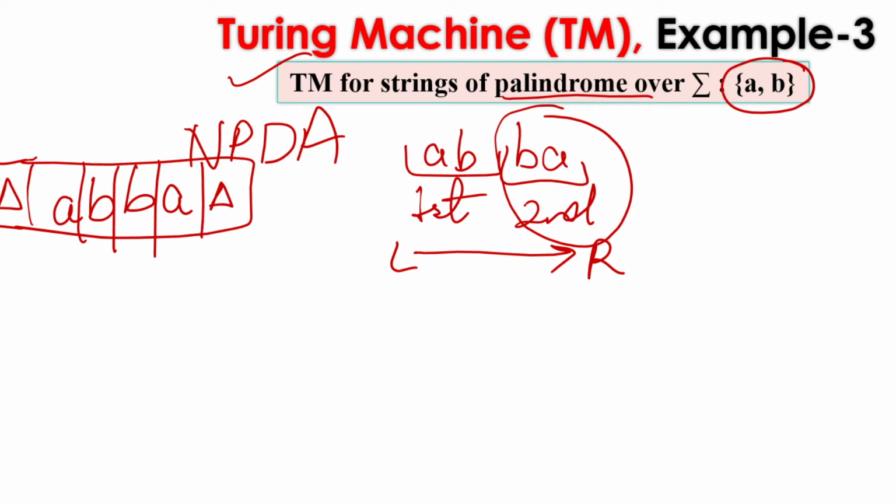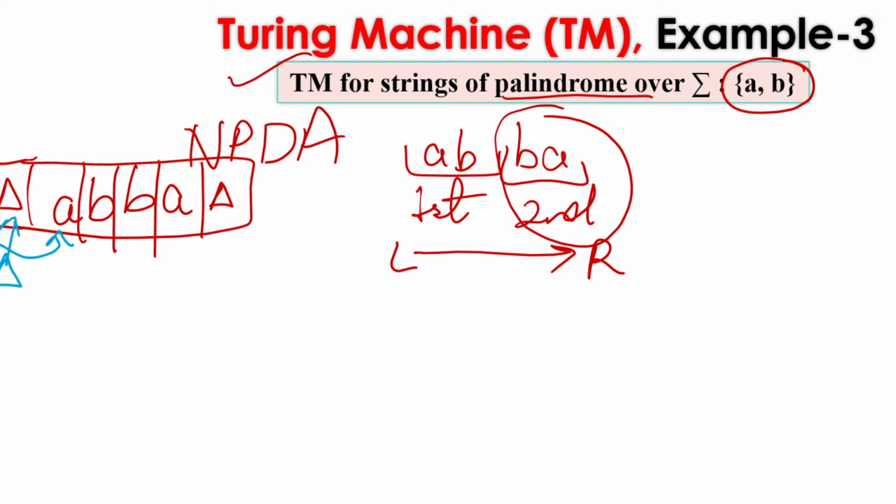After this we can follow a simple approach. This was a non-deterministic PDA, because we are not capable of constructing a deterministic PDA for this problem, but here we can work with a deterministic Turing machine for the palindrome string. As the first symbol is always blank, we just need to read this symbol and replace it with the same blank, and now we move to the next symbol.